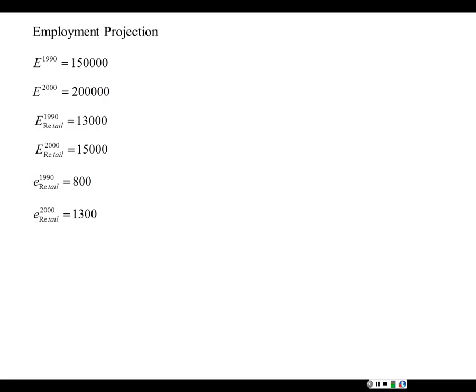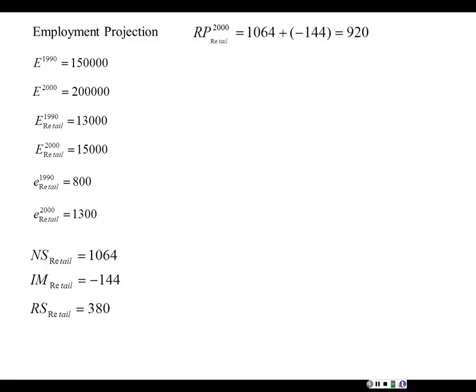So the second part is the employment projection. Those are the three components that we have found, that we decomposed the 2,000 retail employment into. The first thing to do a projection, you need to find out the regional proportion for 2000.